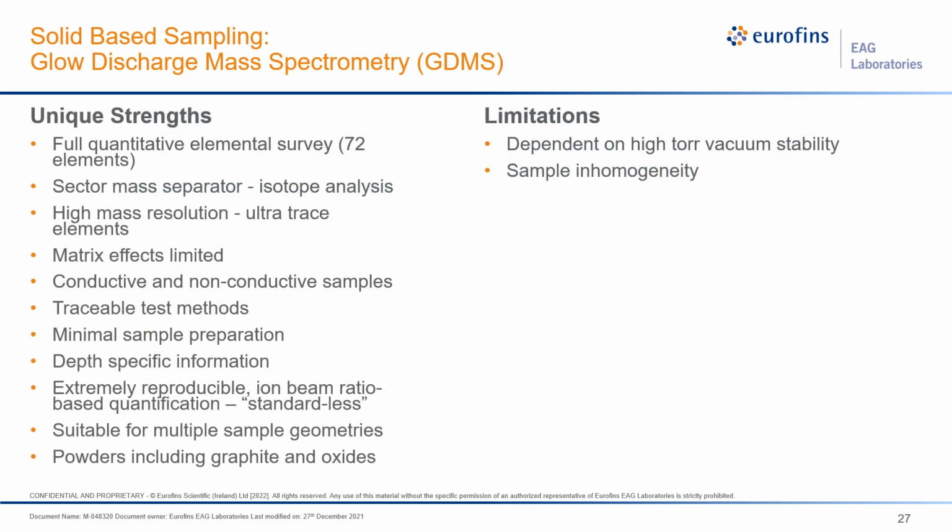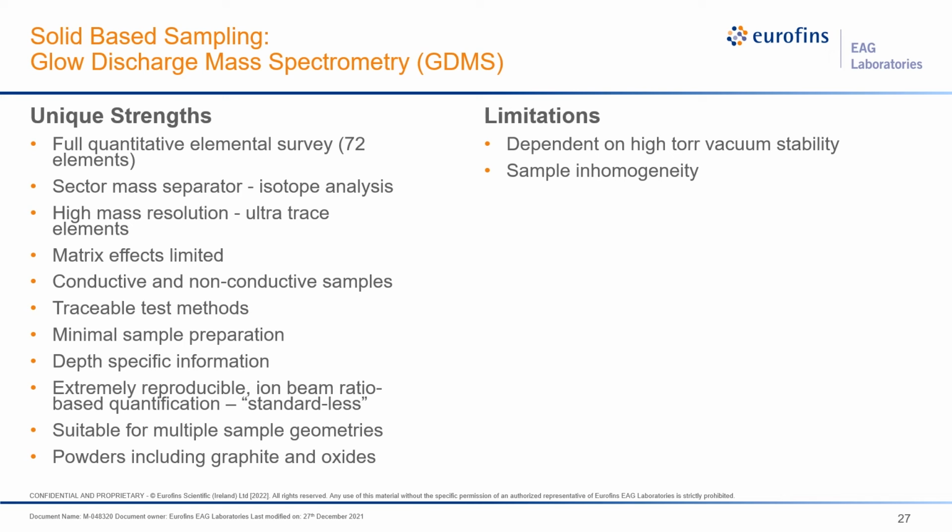And GDMS has many unique strengths, making it a very successful and very reliable instrument to use. It provides full quantitative elemental survey, high mass resolution, allowing for detection of ultra-trace elements. It can analyze conductive and non-conductive samples.